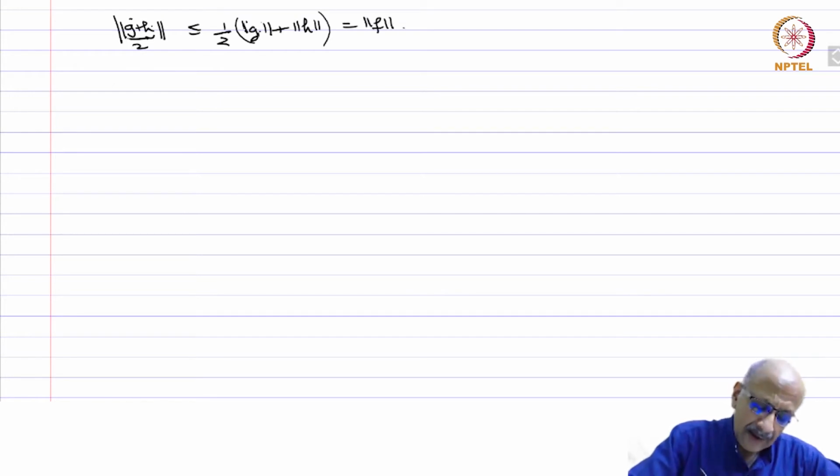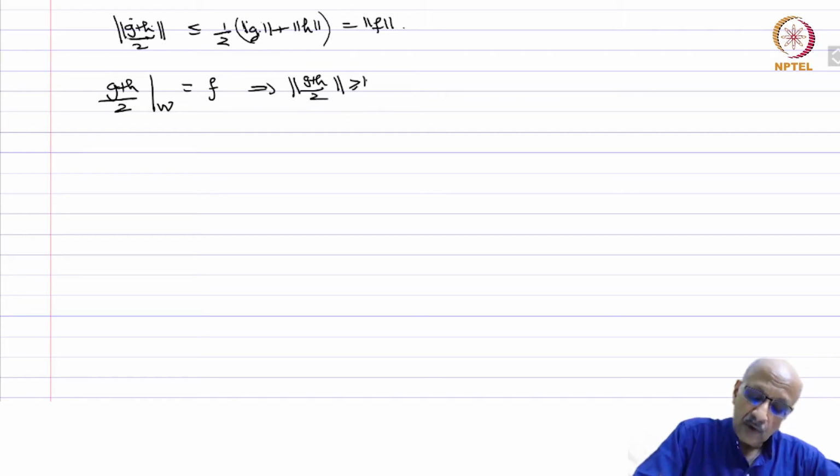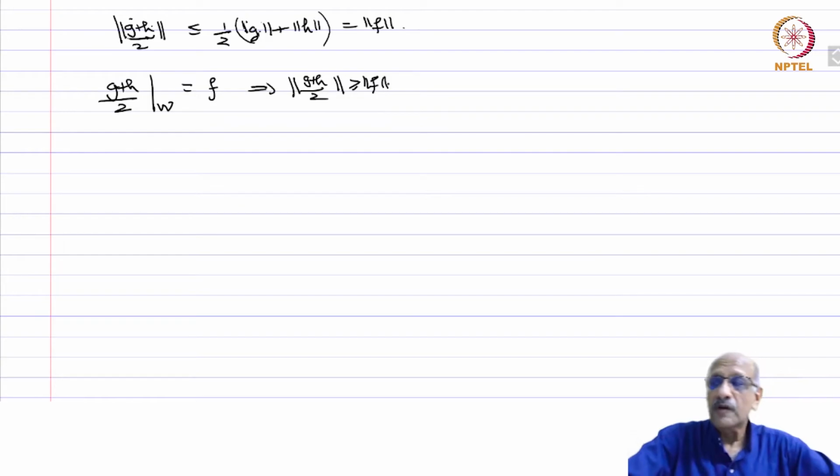On the other hand, (G plus H) by 2 restricted to W equals F, since both of them are equal to F, and therefore norm of (G plus H) by 2 should be greater than or equal to norm F, because it's an extension. When you take suprema, you are taking over bigger sets, so an extension always gives a bigger norm.